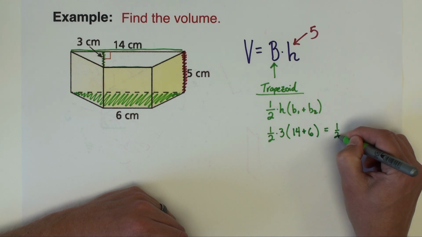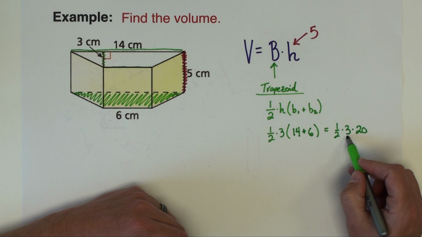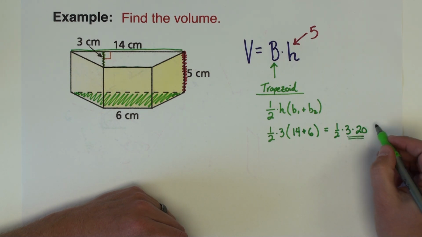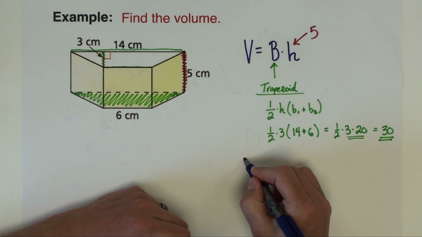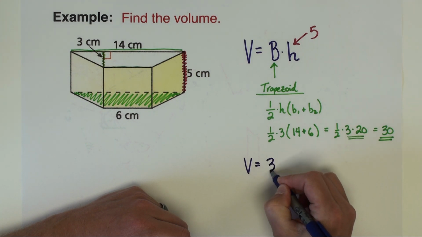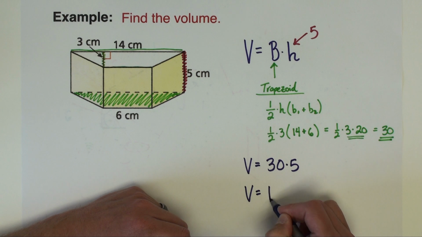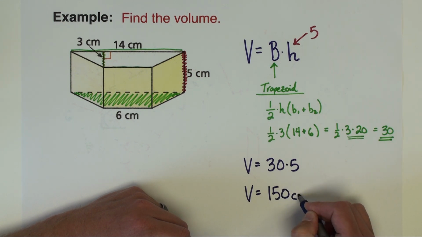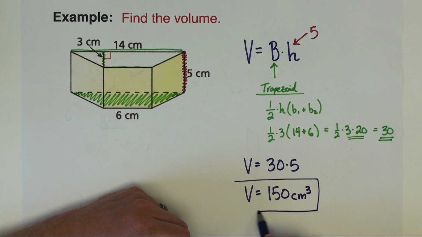So we want 1/2 times 3 times 20. 3 times 20 is 60, and half of that is 30. Okay, so there's our base area. We can now find our volume by doing that. Base area 30 times the height 5. So volume is 150 centimeters cubed.